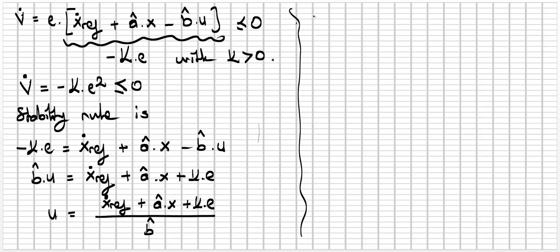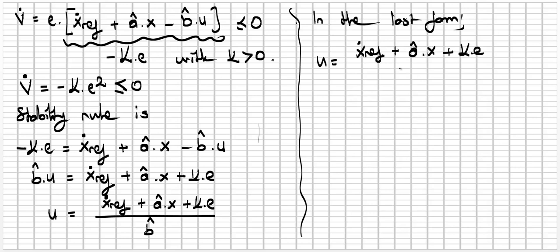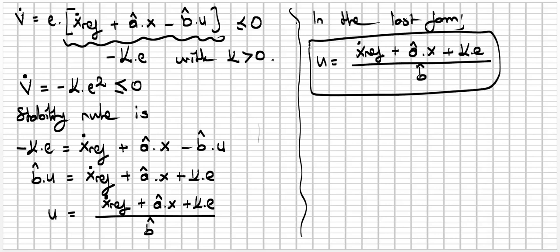In the last form, u is equal to x ref dot plus a hat x plus k times e, divided by b hat. This is our main approach to guarantee stability by using the Lyapunov function.